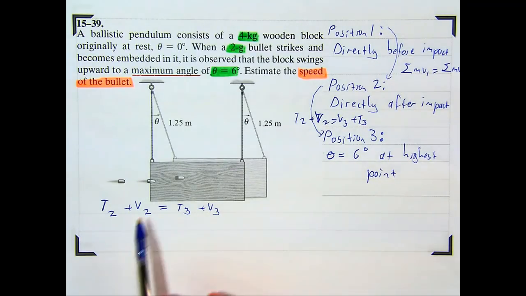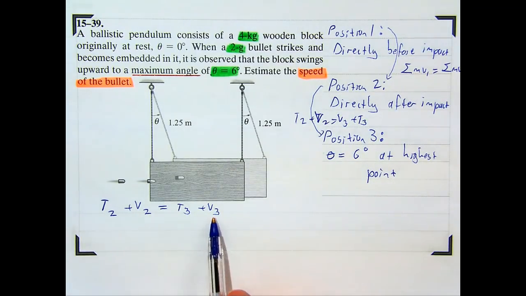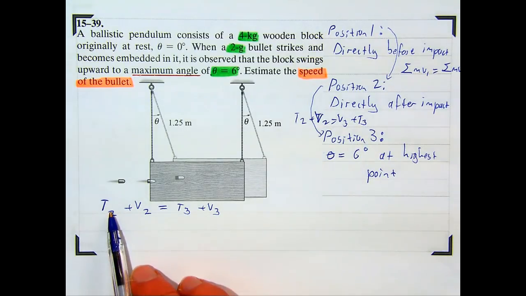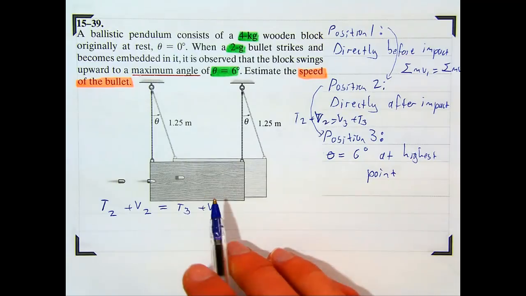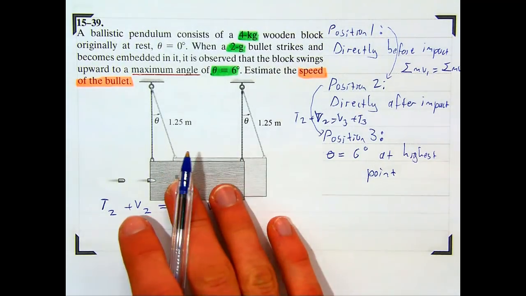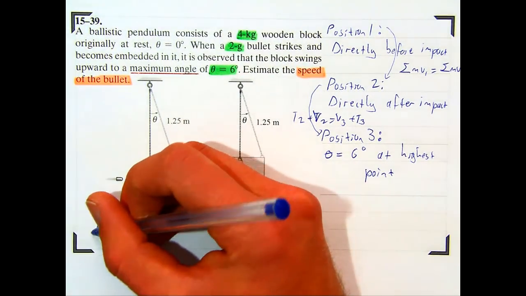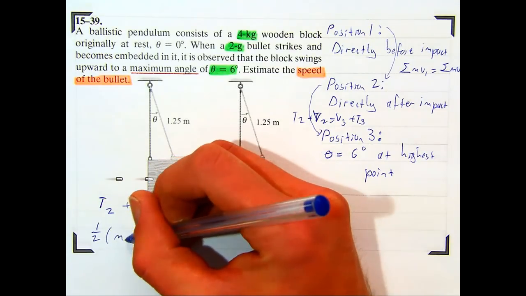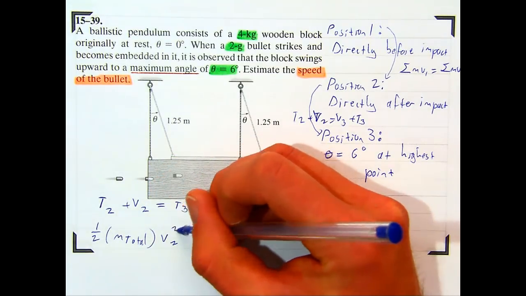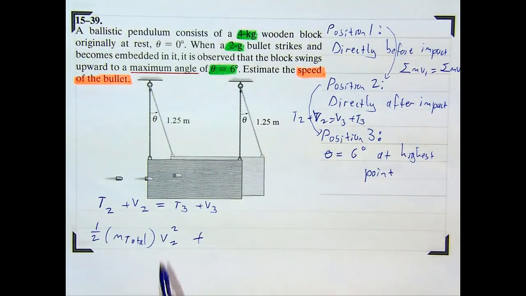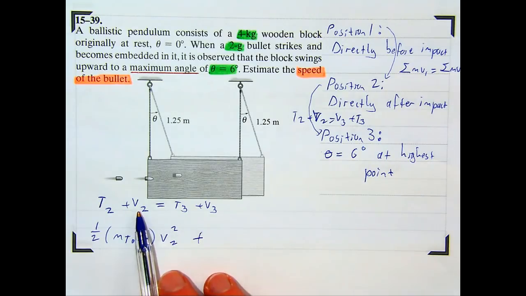It was just converted from kinetic to potential energy. So T2 would be the kinetic energy of the block and the bullet together when they start moving from down here, which is a half times the total mass times V2 squared, and then V2 is the potential energy of the system, which is mgh.